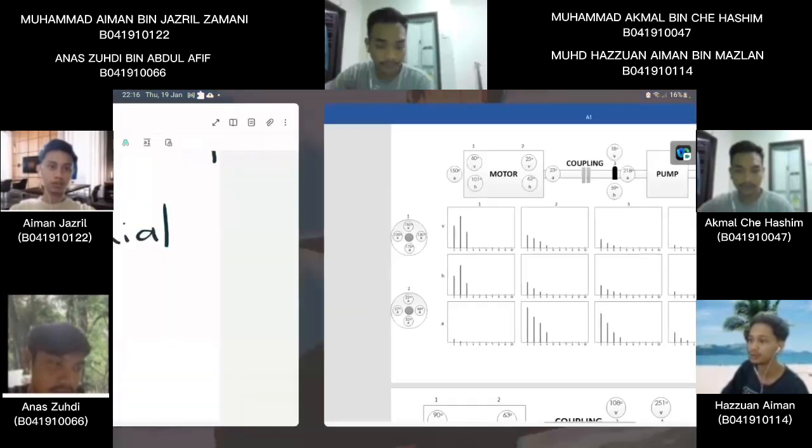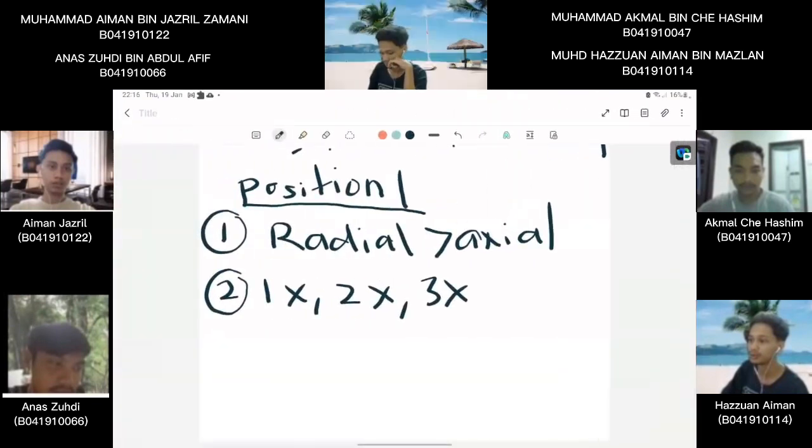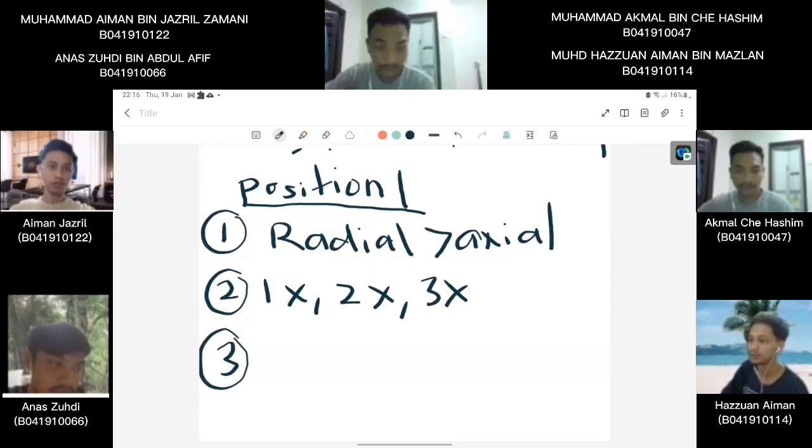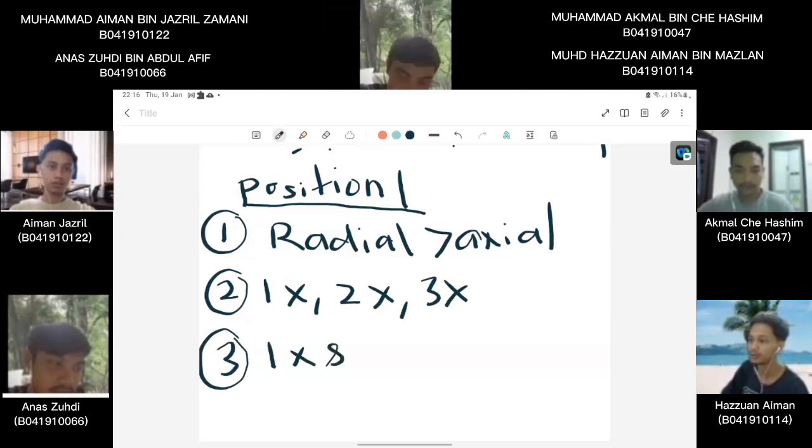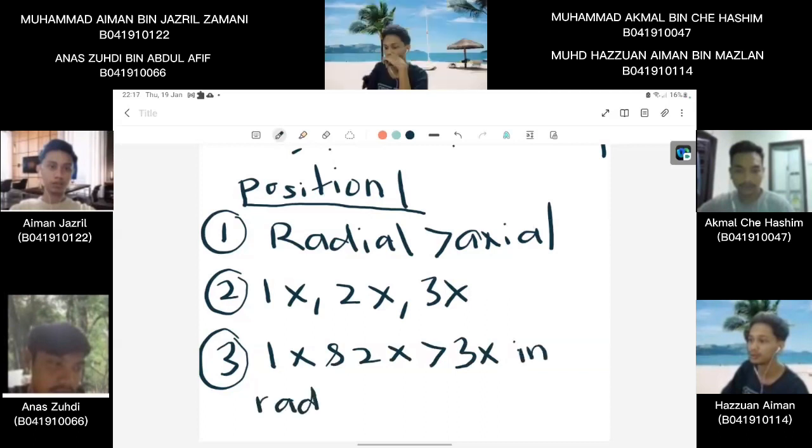So it may be looseness. Looseness type B. 1x and 2x are bigger than 3x in the radial direction.